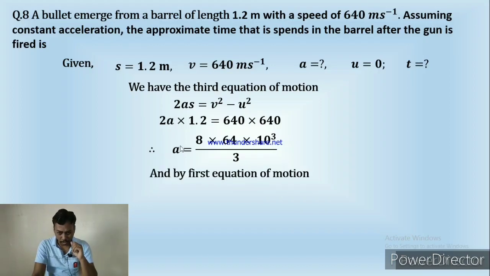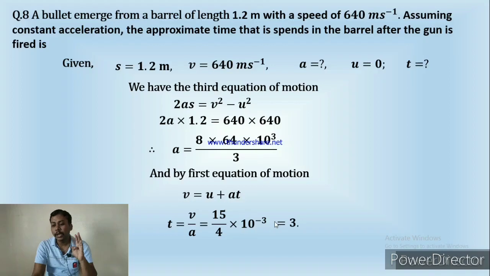By the first equation of motion, v is equal to u plus at. We know v, u and a, so t is calculated. Putting the values, v is equal to 640, and rearranging, t is equal to v upon a since u is 0, that is 15 upon 4 into 10³. We get 3.75 into 10 raised to minus 3 second, that is 4 millisecond.